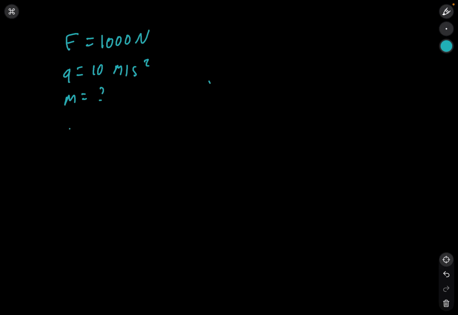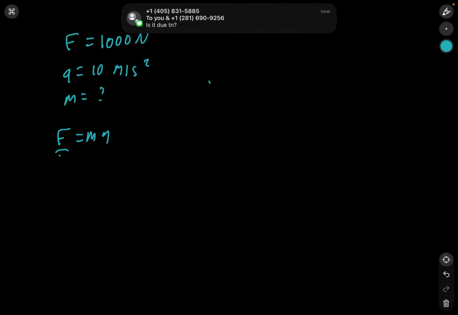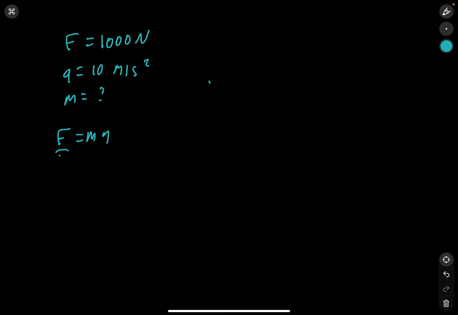Since it's an equation, F equals ma, you can rewrite it in order to solve for the specific variable you're trying to find. For example, F equals ma is solving for F. But we can also rearrange this equation to solve for mass, or rearrange it to solve for acceleration.